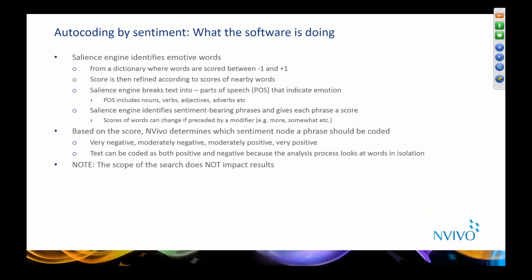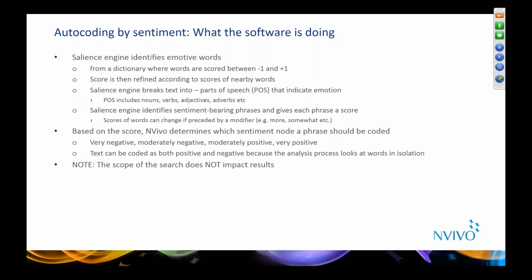What the software is doing is that the salience engine identifies emotive words. So there's a dictionary basically where words are scored between -1 and +1. And then that score for each word is then refined according to the scores of nearby words.